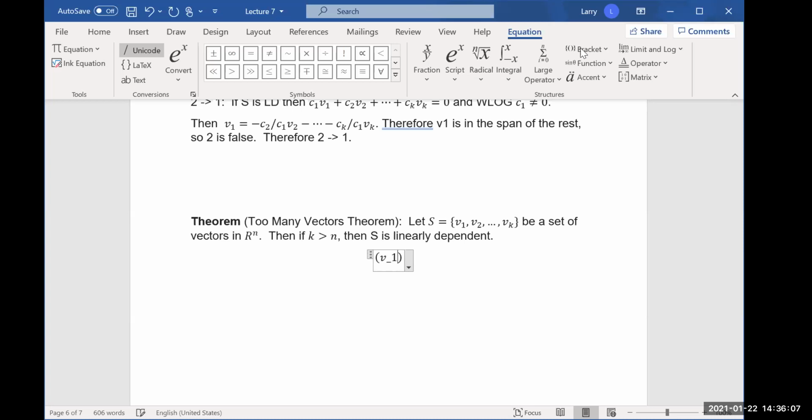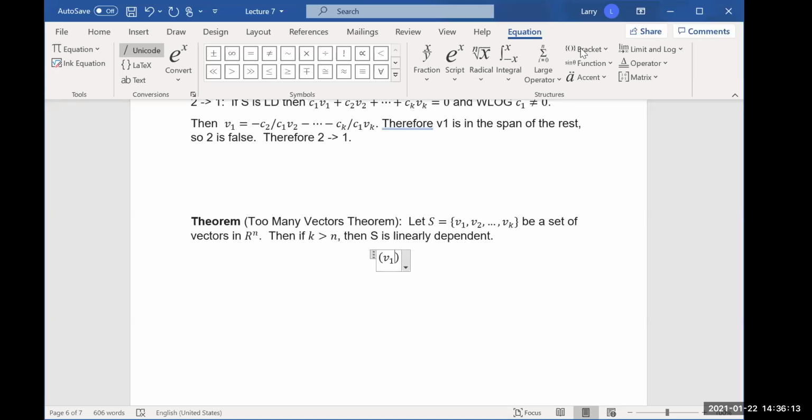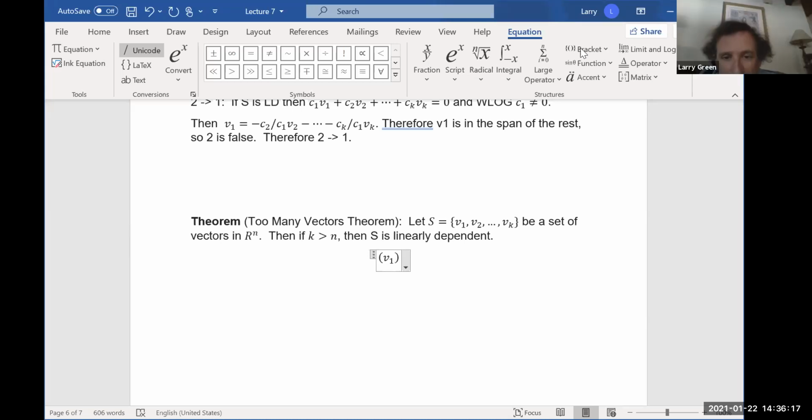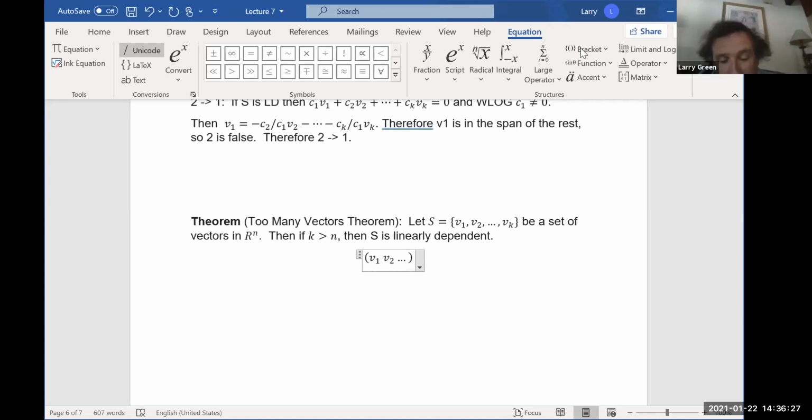So there are more columns than rows. So we write down V1, and then V2, and then VK, and let's call that A, the matrix.